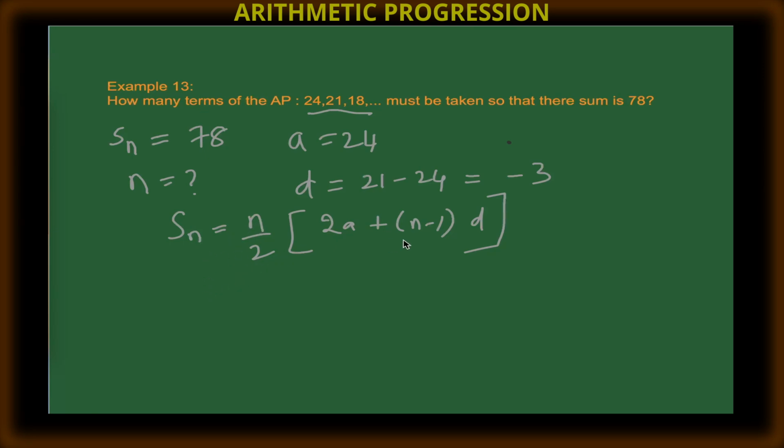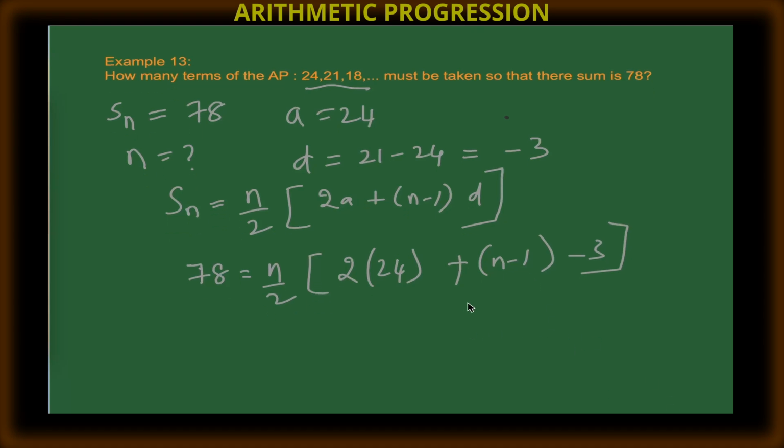So one variable is missing, which is n, to be identified. Let's try to substitute here. 78 equals n by 2 into 24 plus n minus 1 into d. Do we have d? Yes, we have d.